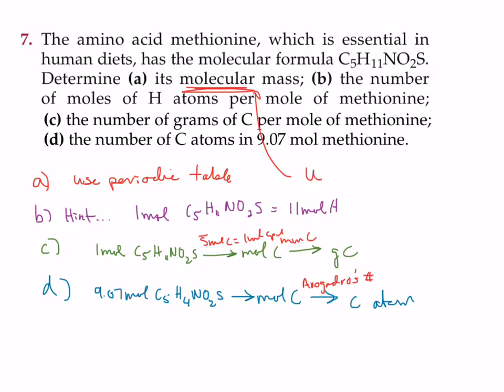So C and D start out similar, where you go from moles of the compound to moles of carbon using the 5-to-1 ratio. And then here, you're not after mass, you're after the number of carbon atoms. This is another place to make sure you're on track: it's atoms, not moles, so you're going to use Avogadro's number there.